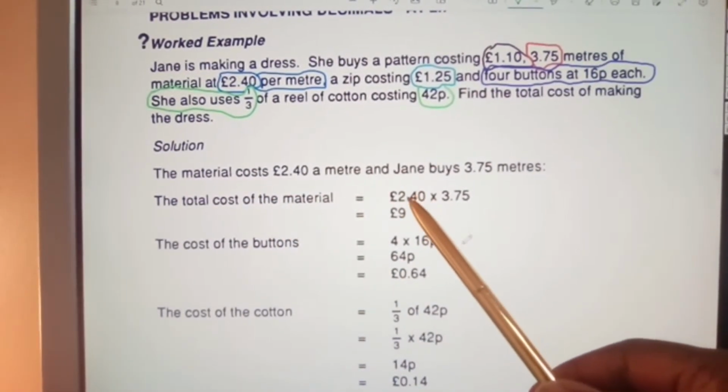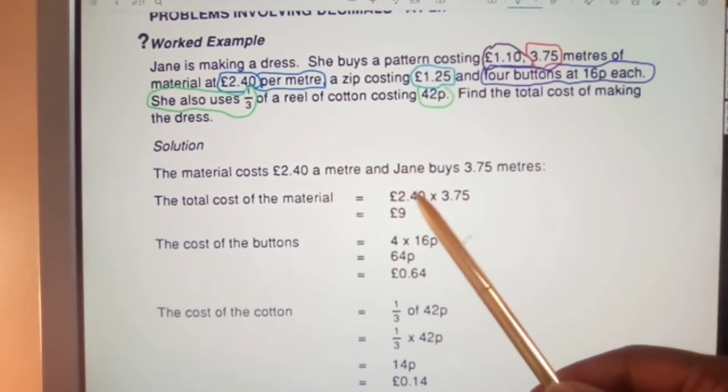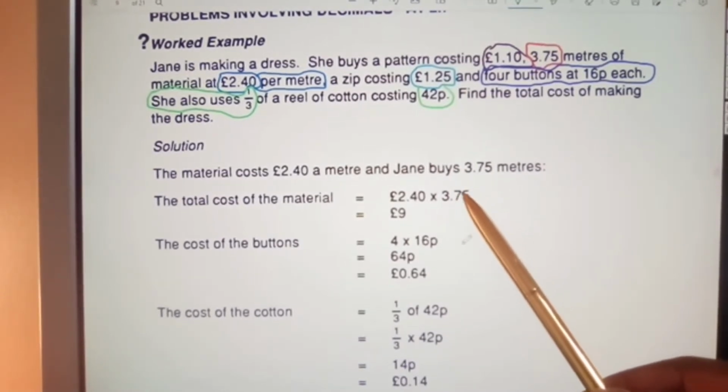If we move the decimal point 2 places to the right, that makes it 240, and moving it 2 places to the right makes it 375.